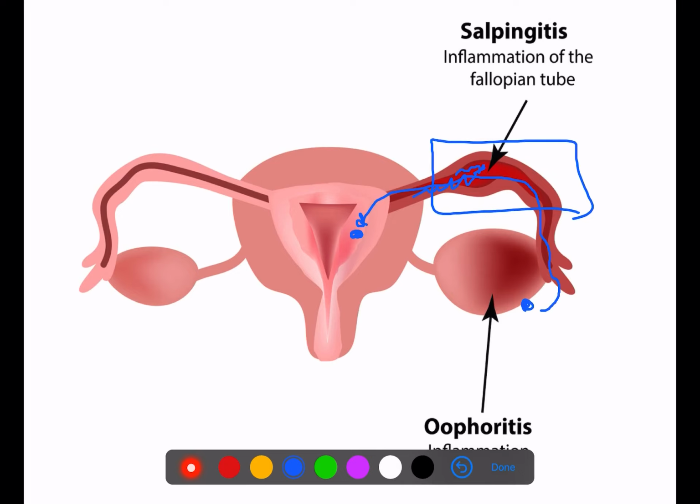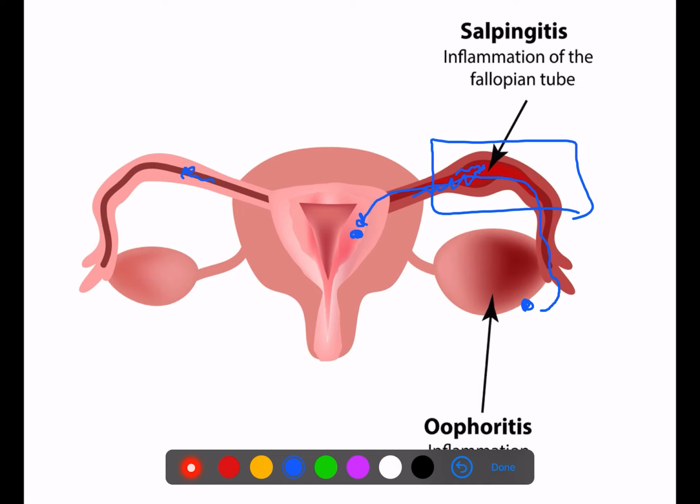The fallopian tube has common pathological lesions, including hydrosalpinx, which means accumulation of fluid within the lumen of this tube.